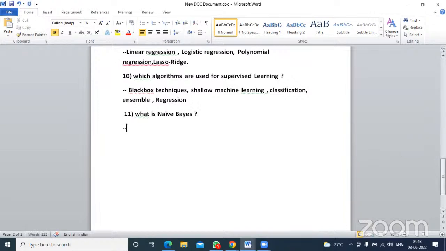Naive Bayes comes under classification. Yes, it's right.